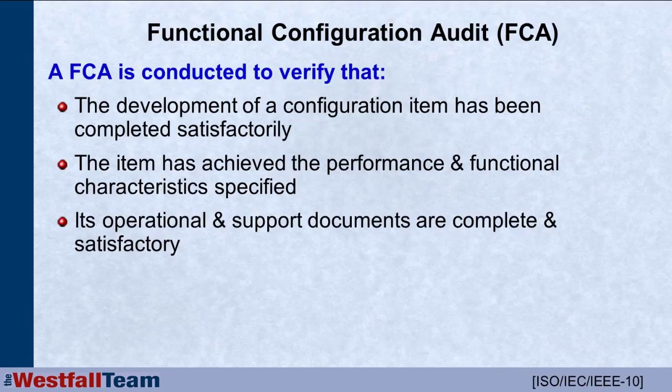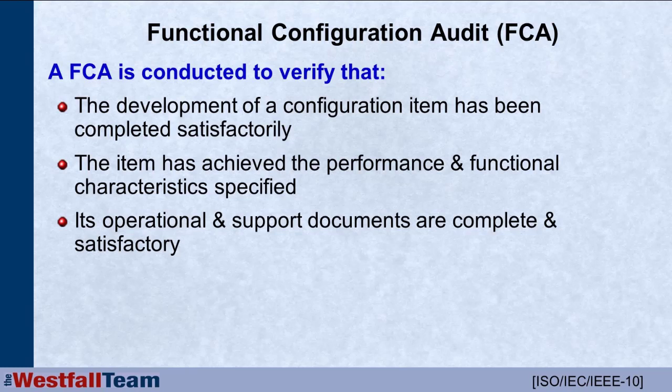A functional configuration audit is conducted to verify that the development of the configuration item, whether it be an individual component of code, an individual chapter of a document, or a built component like an executable or a complete manual, user's manual or book, has been satisfactorily completed. That everything that's supposed to be there is there.